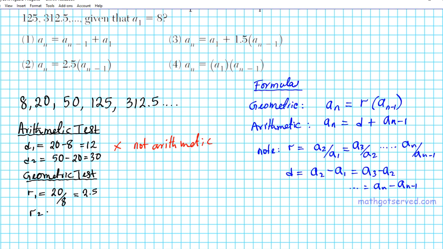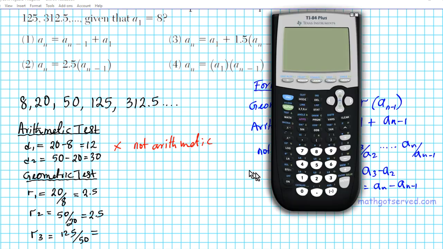And then ratio 2, divide 50 by 20. 50 divided by 20. That's another 2.5. Ladies and gentlemen, it looks like we have a winner. Let's just do one more just to make sure, okay? 125 divided by 50. Let's use our calculator to check this out. So what is 125 divided by 50? 2.5.